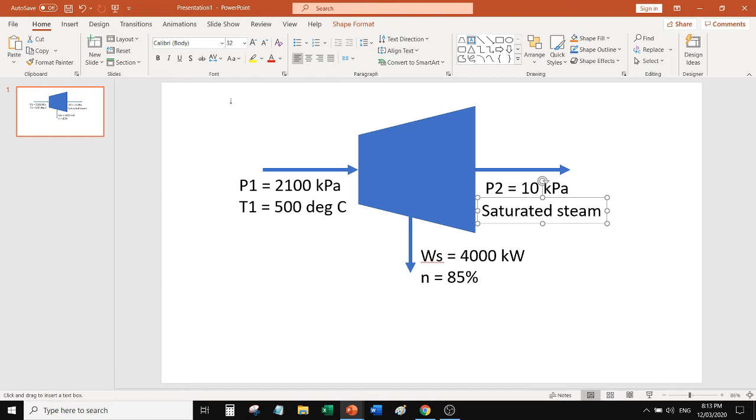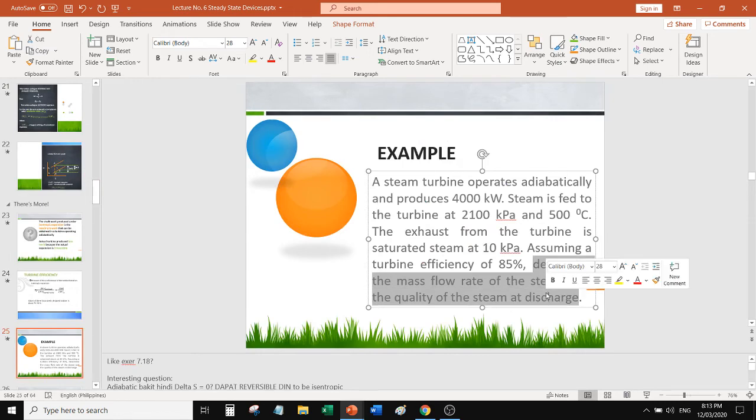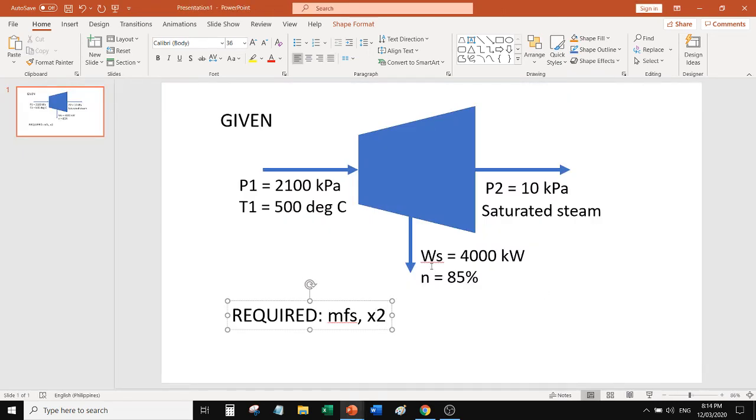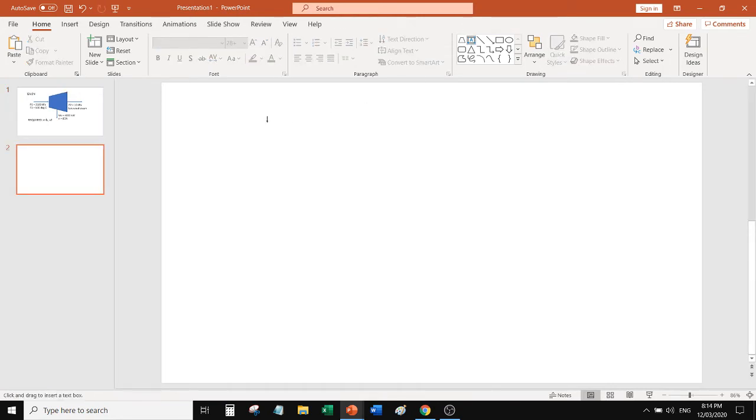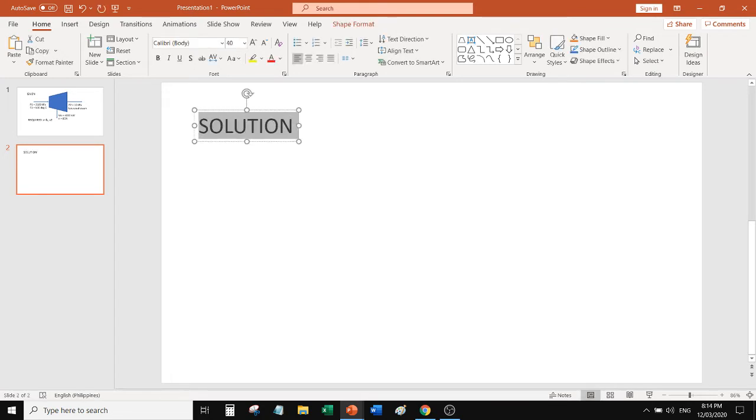Given that, the required are the mass flow rate and the quality at the discharge, or X2. From the steam table, use conditions 1.